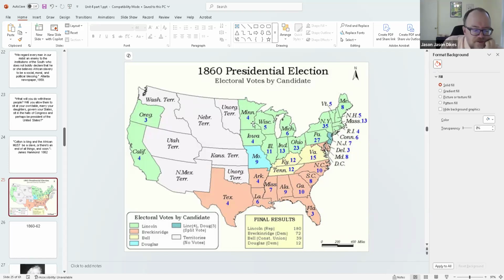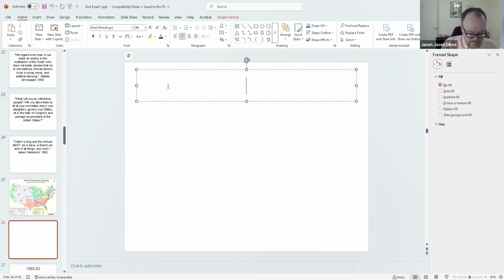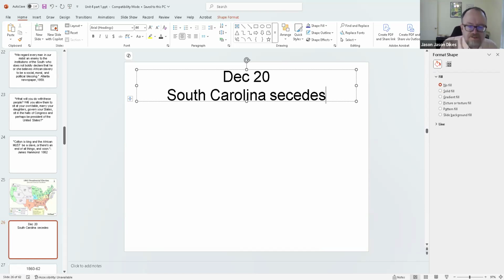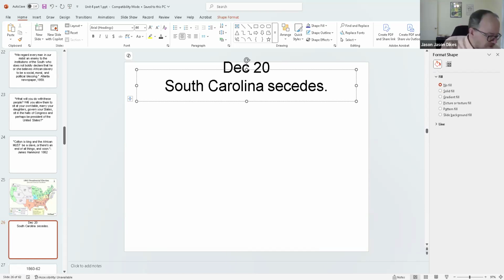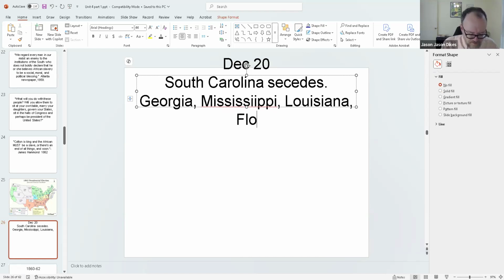A month after Lincoln's election, South Carolina secedes. It will be followed by Georgia, Mississippi, Louisiana, Florida, Alabama.